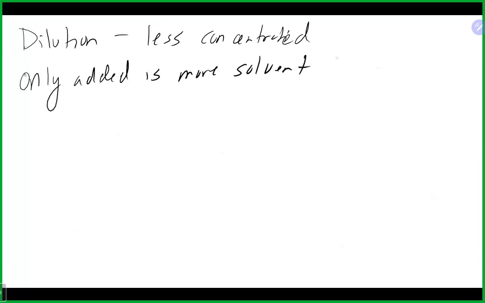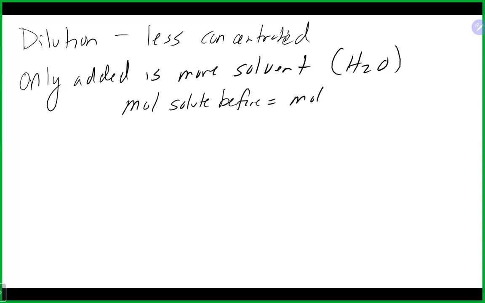In a lot of cases that's water, but it's not always water as your solvent. Because we only add the solvent, the moles of the solute before the dilution and after the dilution will be the same. Again, the only difference is that you are adding solvent. Why does the concentration decrease?